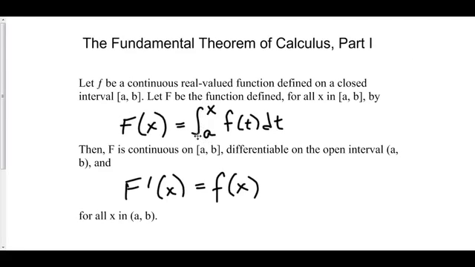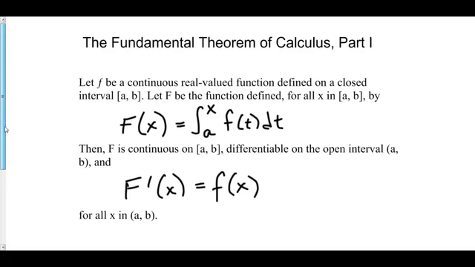We have the integral from some constant a, and it could be any constant. It could be 0, it could be 5, it could be 100, it could be -5, up to our variable x. And our function inside is in terms not of x, but in terms of t. This is extremely important.